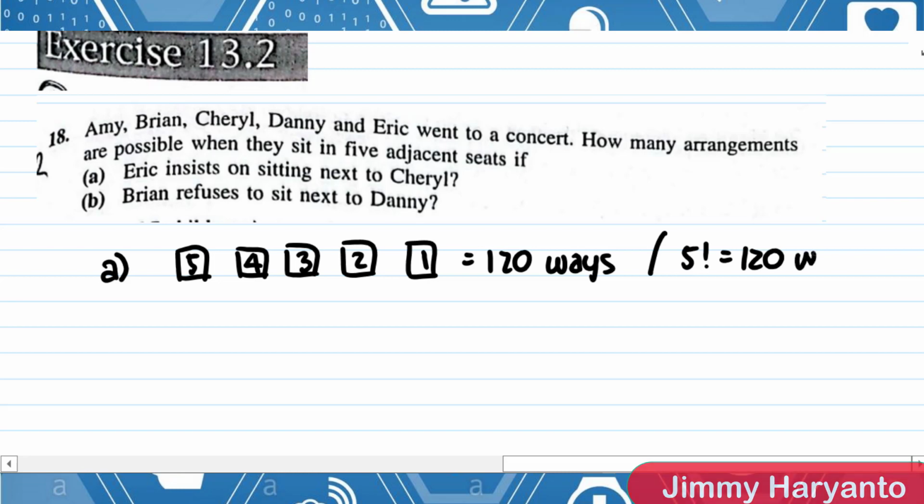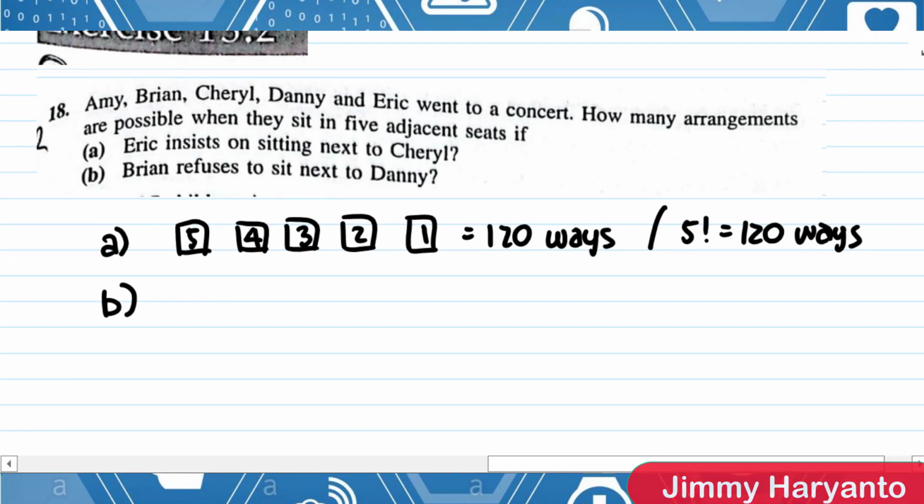It's the same. For B, Brian refuses to sit next to Danny. To solve this, you have to think like this. Since Brian refuses to sit next to Danny, we exclude Brian and Danny first.